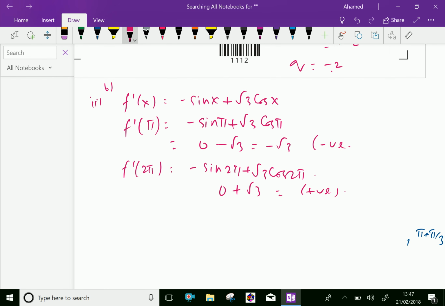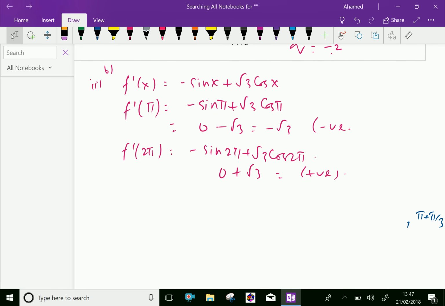So the sign goes from negative to positive, so the point A is a minimum.